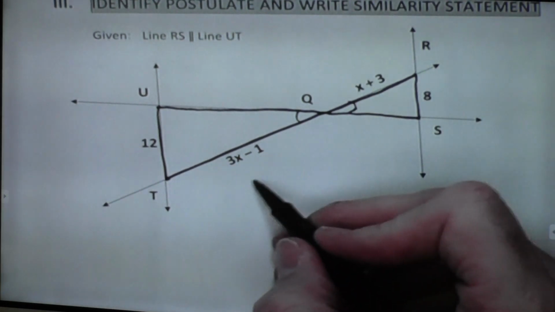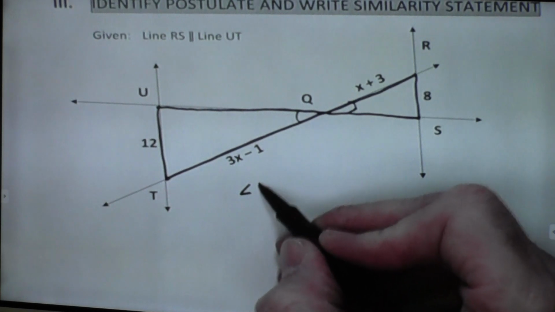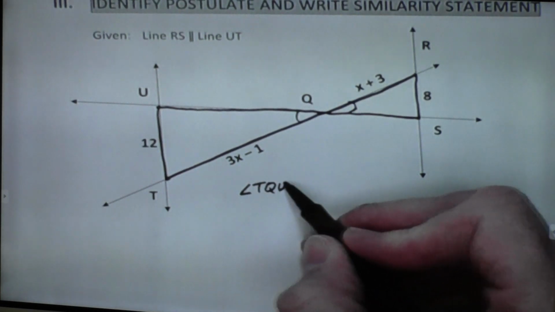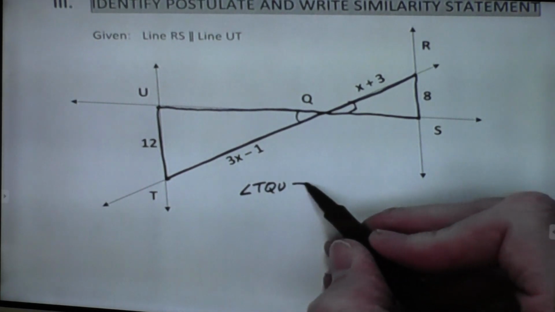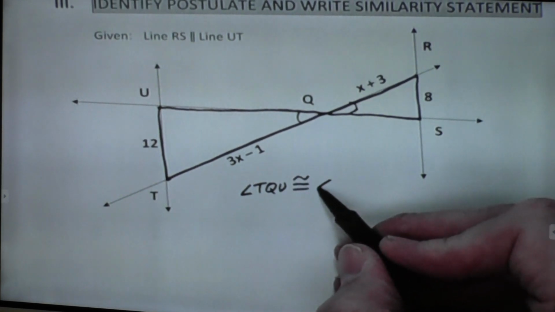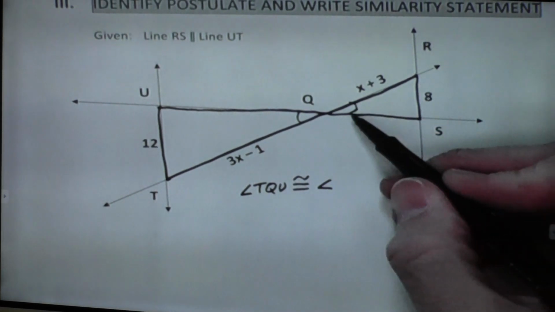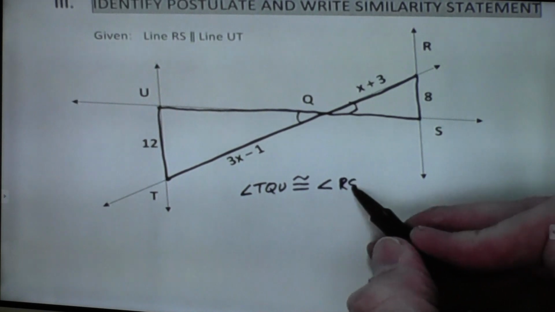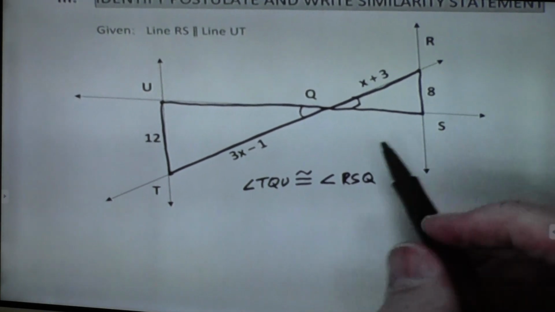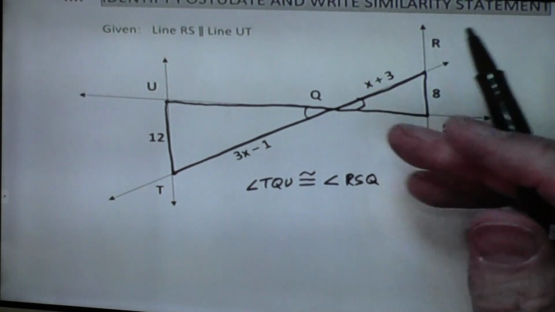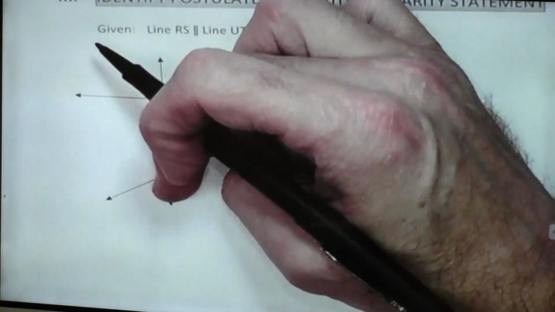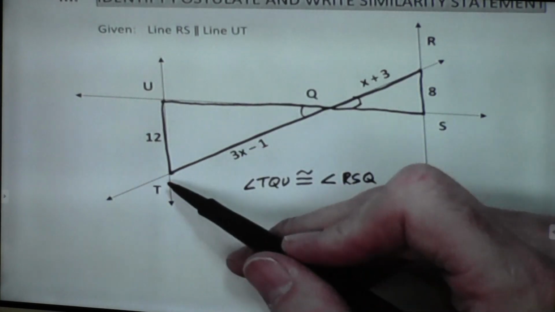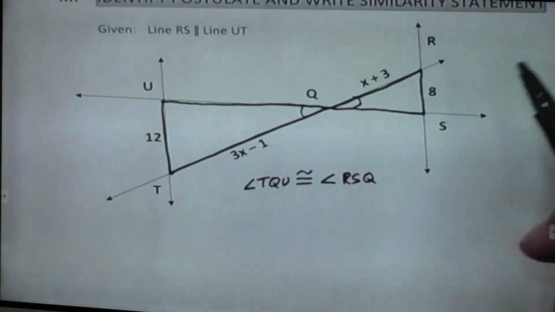So we know right now that angle TQU is congruent to angle RQS. I'm matching up the ones that are the same, because if this one were translated around there, the R would match the T and the S would match the U.